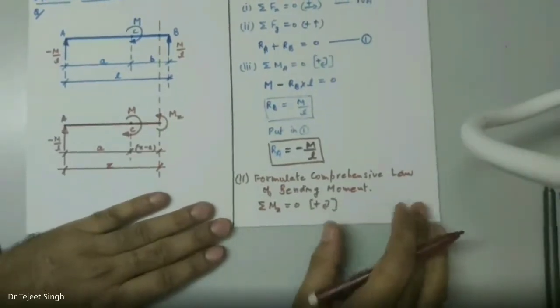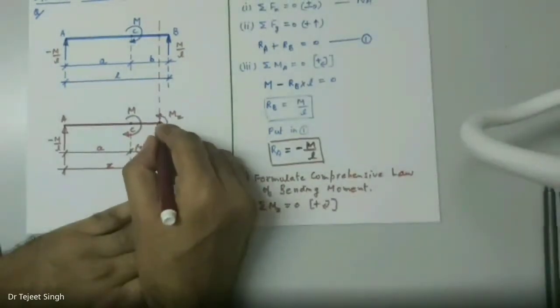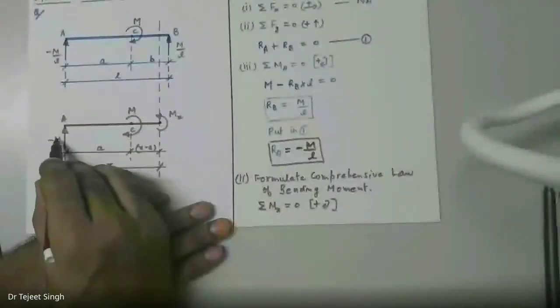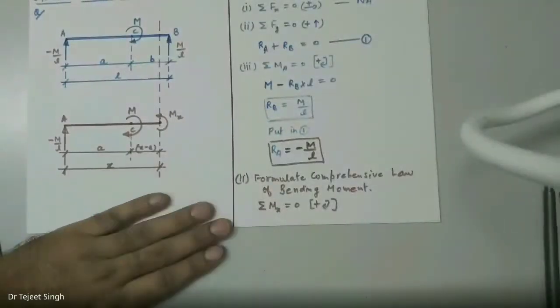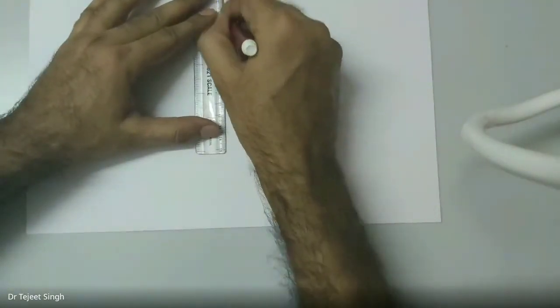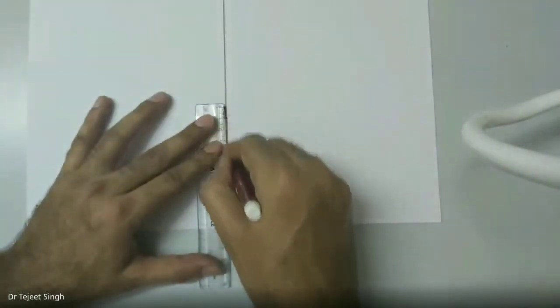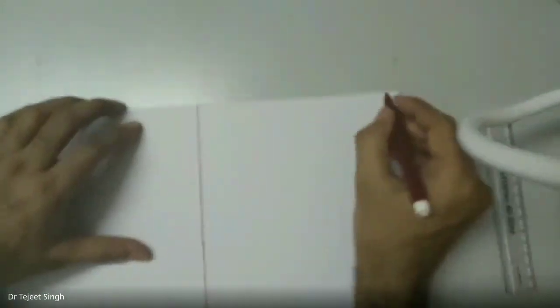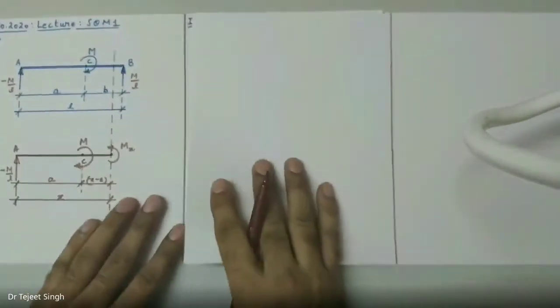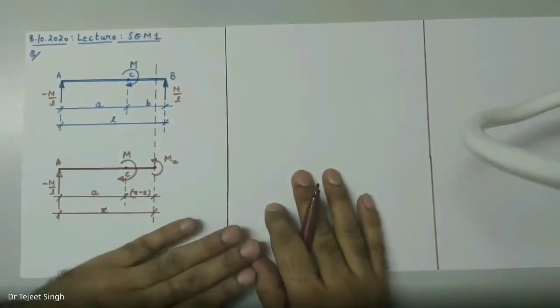So if I take moment about the cut point, first is the moment of minus M by L force into distance total X. I take this diagram with me so that it will be more clear to write the equation.